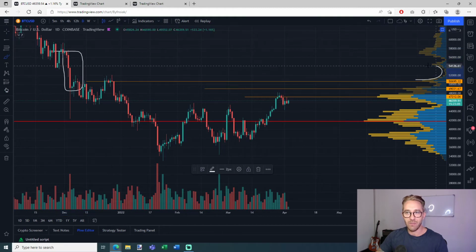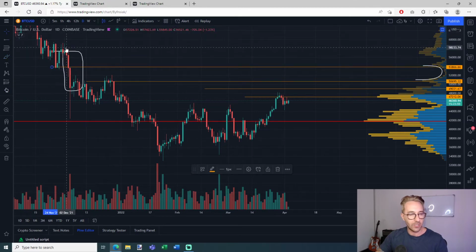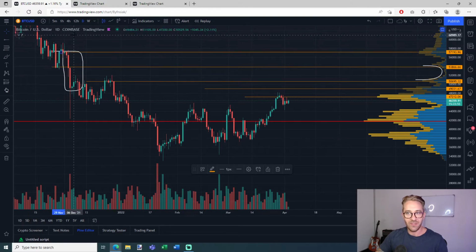We have a volume gap from here up towards this 55k level, which runs quite well with that zone just there, and then up again towards this 57.1 level, which aligns really well with this previous rejection level where we rejected quite hard.